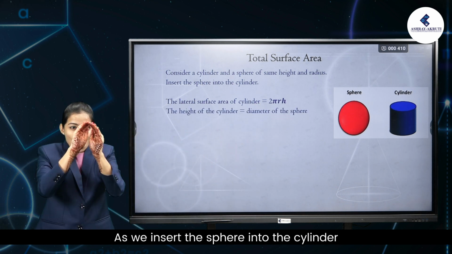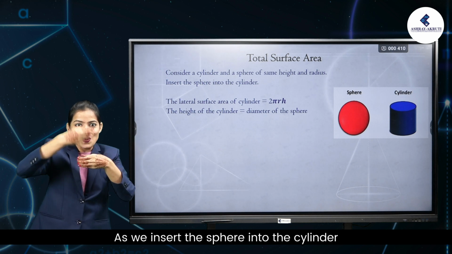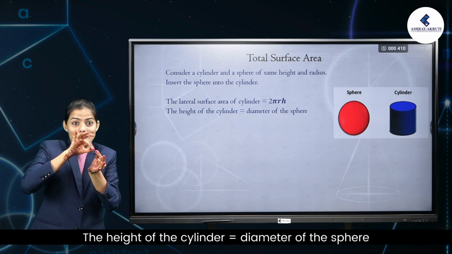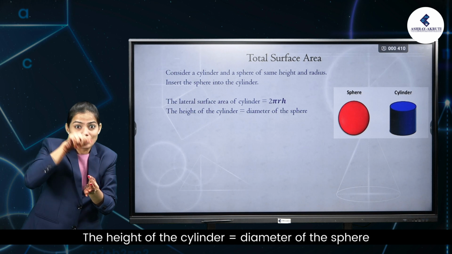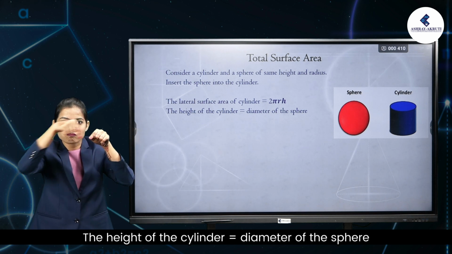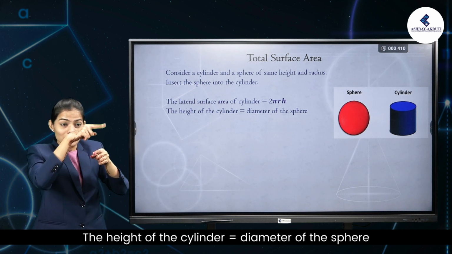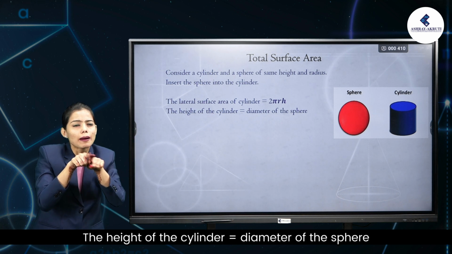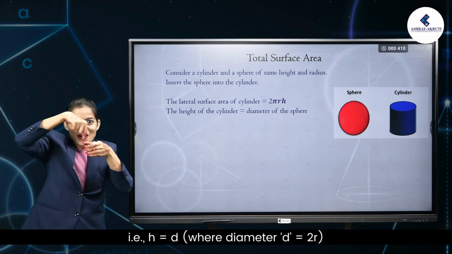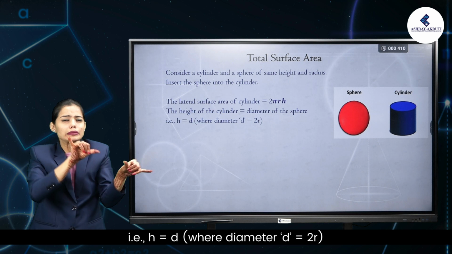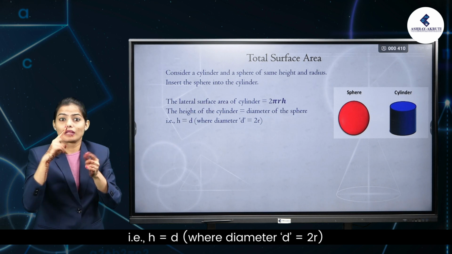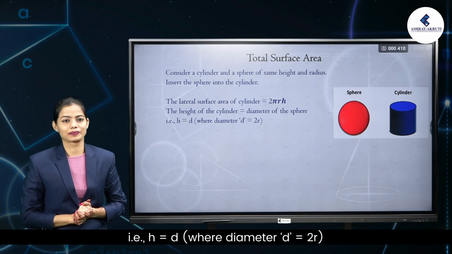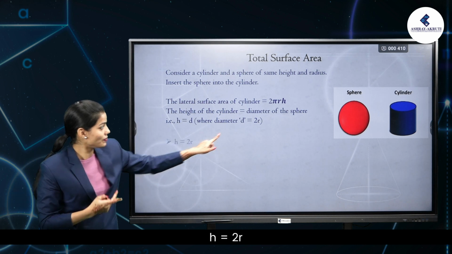As we insert the sphere into the cylinder, the height of the cylinder is equal to the diameter of the sphere. That is, h is equal to d, where diameter d is equal to 2r, so h is equal to 2r.